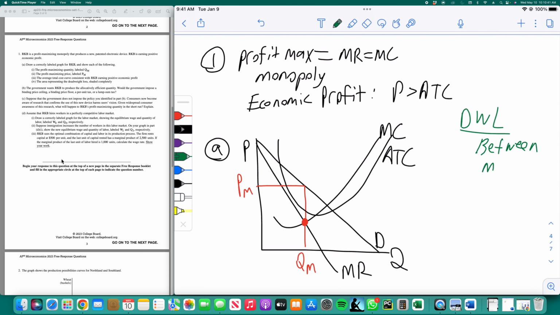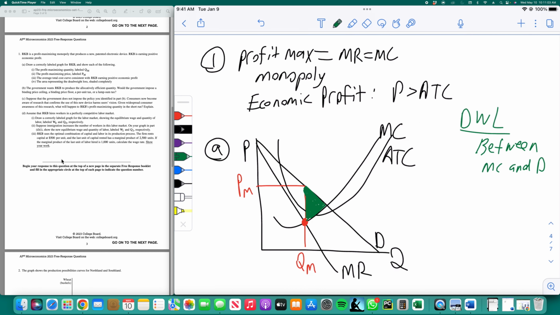So that's going to be here. Okay. So that is what we're looking for on A. This graph is everything you need for A.